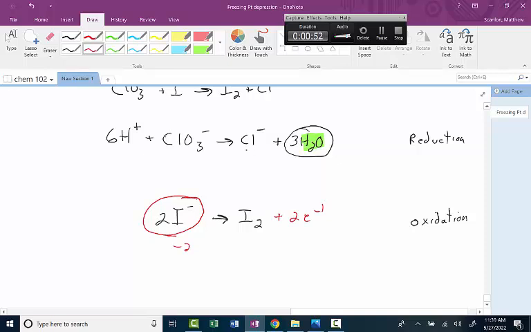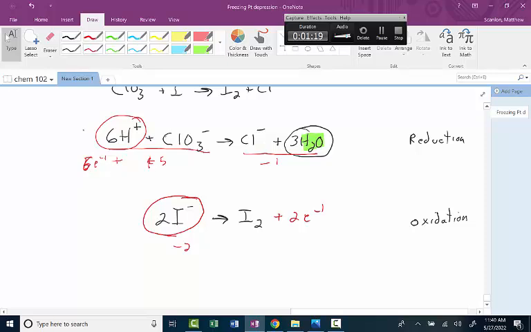And on the right, for the chlorine half reaction on the top, I have a total of -1 here, and I have a total of -1 plus 6, which is +5. So I need to add 5 electrons. That'll change everything. I got to get to -1, so I got to add 6 electrons.